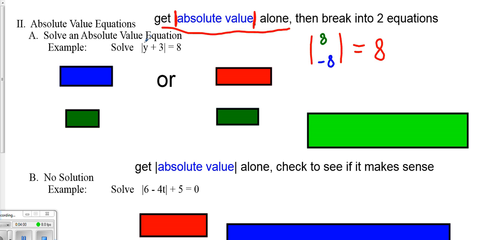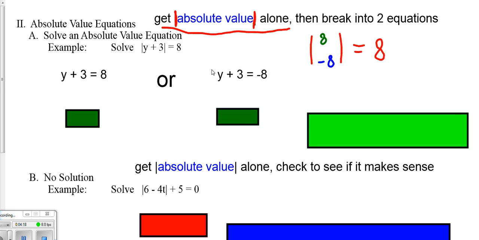Now this makes sense because we have our absolute value piece alone. As long as the absolute value piece is alone, then you're thinking, all right, I need to break it into 2 different equations. One just kept everything regular. We basically just got rid of those absolute value bars. In the other, the other side, not the absolute value piece, is the opposite.